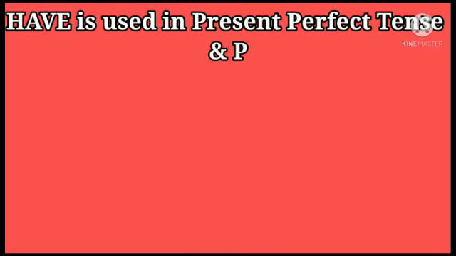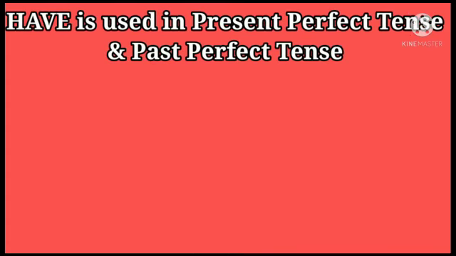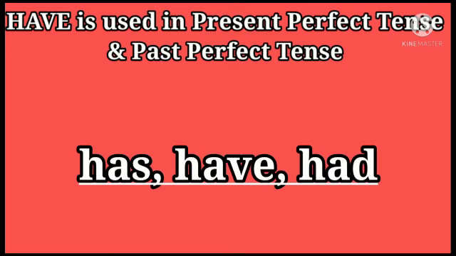Next, it is also used in present perfect and past perfect tense. Perfect sentences show an action that is complete and finished. In other words, perfected. When we say perfect, it means the sentence will be easily recognized by the existence of the word has, have, had.